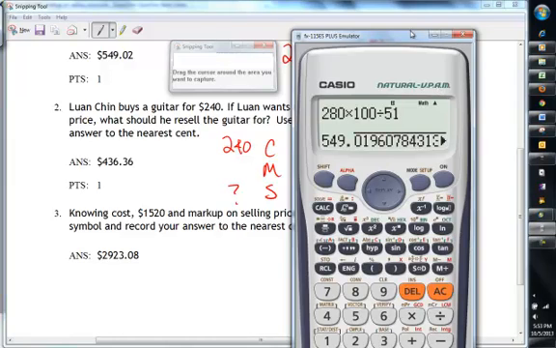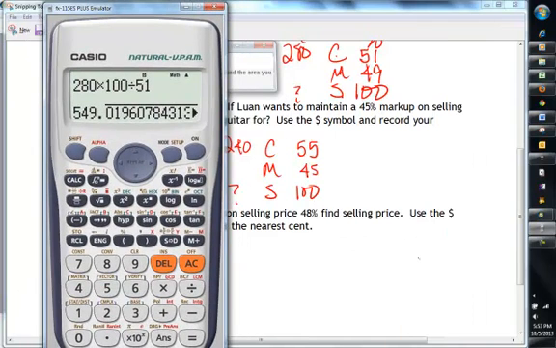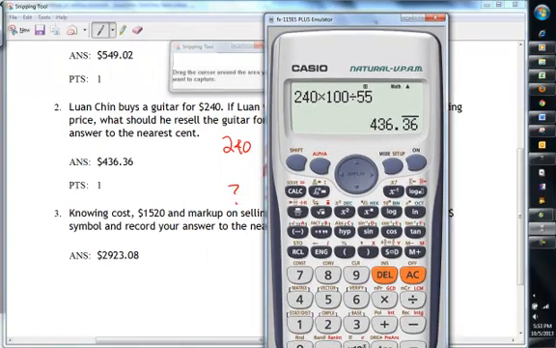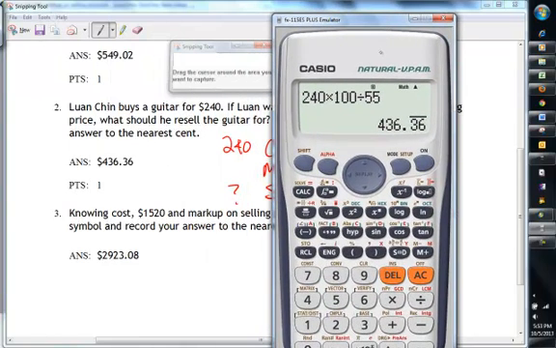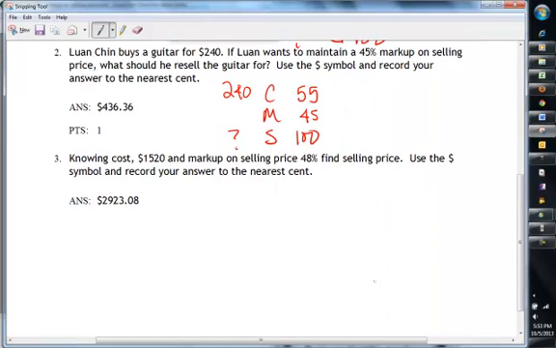Cross multiply and divide: 240 times 100 divided by 55 is $436.36. Next one. Knowing cost is $1,520 and markup is 48%. Find the selling price.